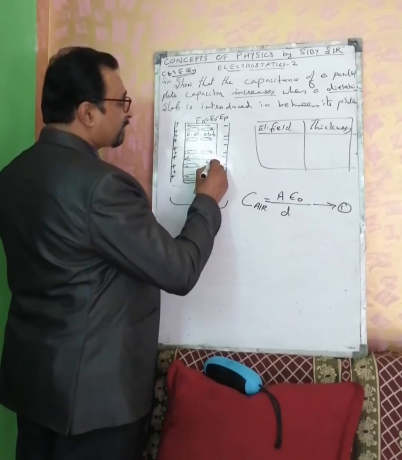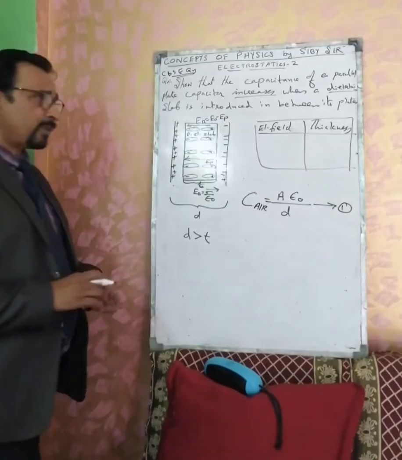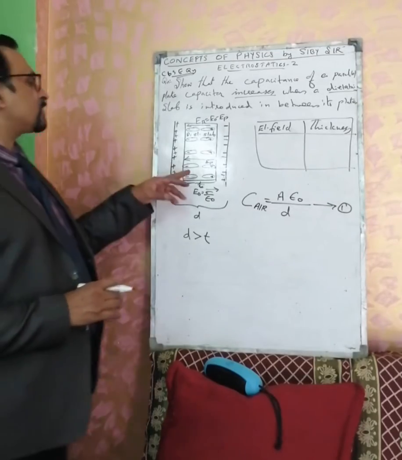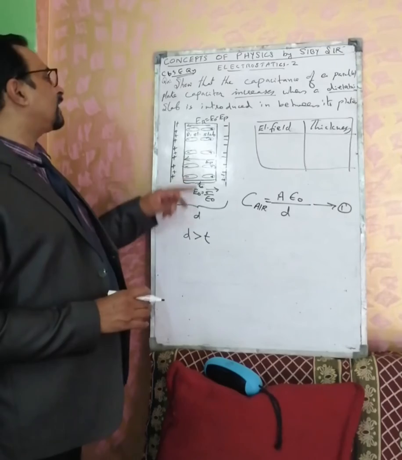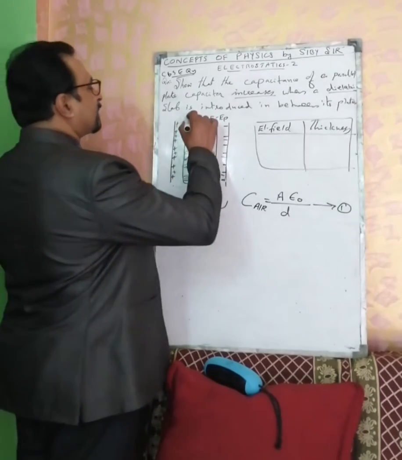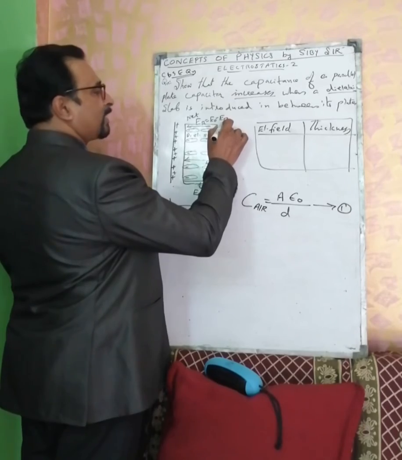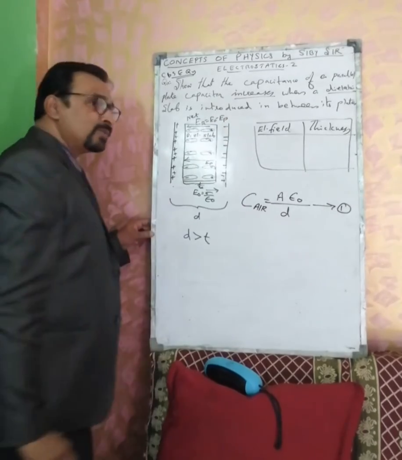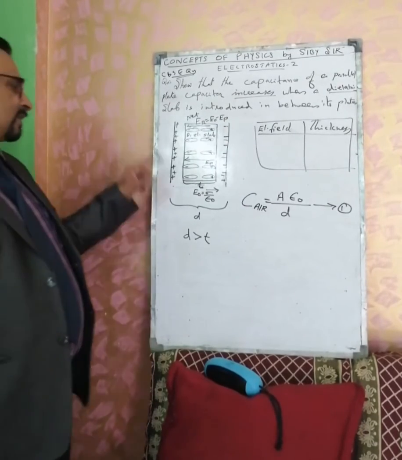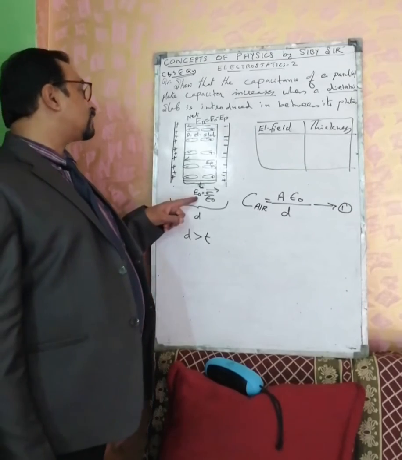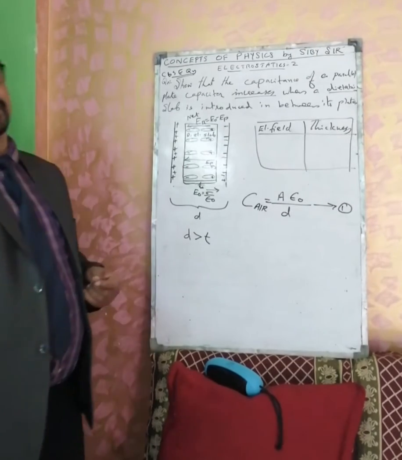That small field is called the electric field due to polarization, EP. Because of these two fields, the net electric field inside the dielectric slab, ER, is equal to E naught minus EP. ER is called the reduced electric field. There are two electric fields: the applied electric field E naught and the reduced electric field ER.